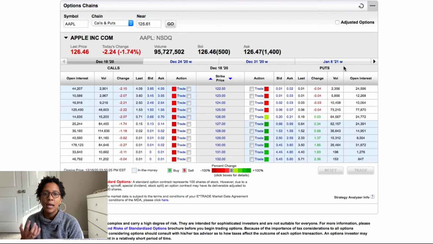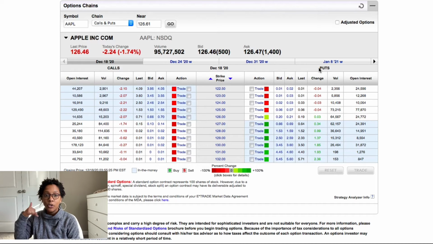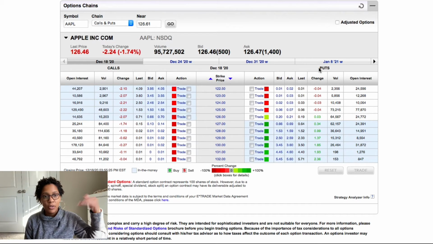If you want to buy 100 shares of Apple, you would buy a call. A put is an option contract that gives a person the right to sell 100 shares of Apple stock. Puts are a bearish strategy, when you are expecting the stock to go down. Okay, so call, positive, call you up, put you down.